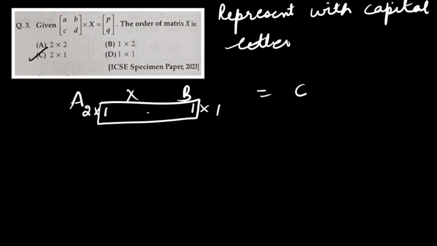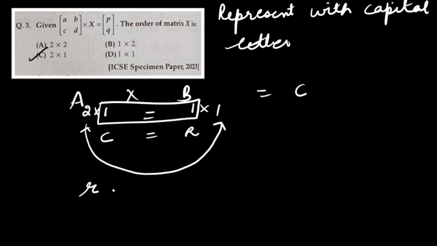Then only matrix multiplication is possible. That means columns of the first matrix should be equal to rows of the second matrix. And the order of the resultant you will get from the outer numbers, that means rows of the first one and columns of the second one will give you the order of the resultant matrix. So here the order of C is 2 by 1.